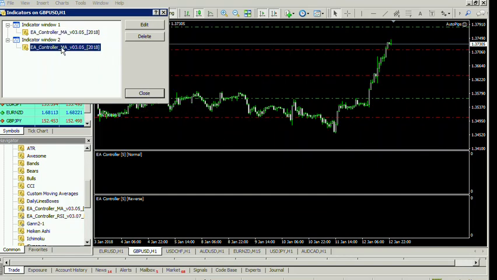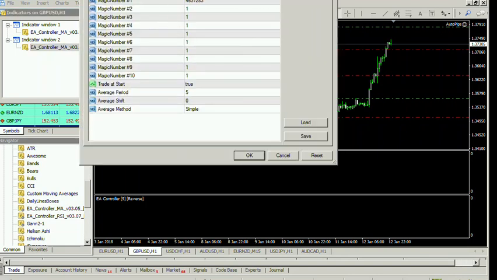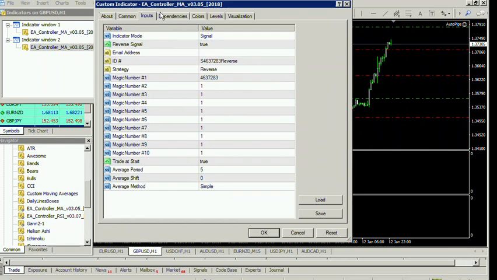If we now look at the second one, again we're selecting the signal mode. This time we're reversing the signal, so we're setting that to true. Enter email address. The ID I've given it is the same S and the same magic number, but this time it's reverse rather than normal.